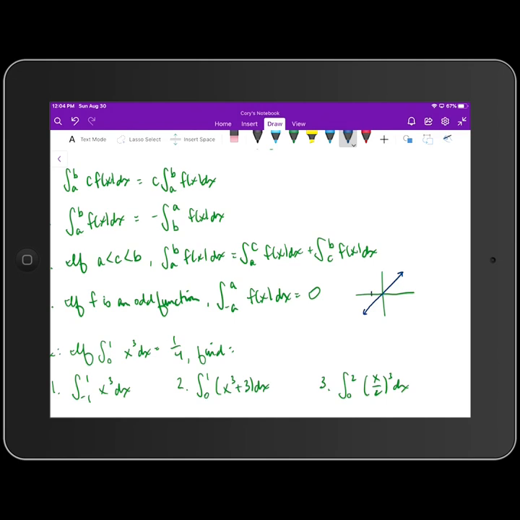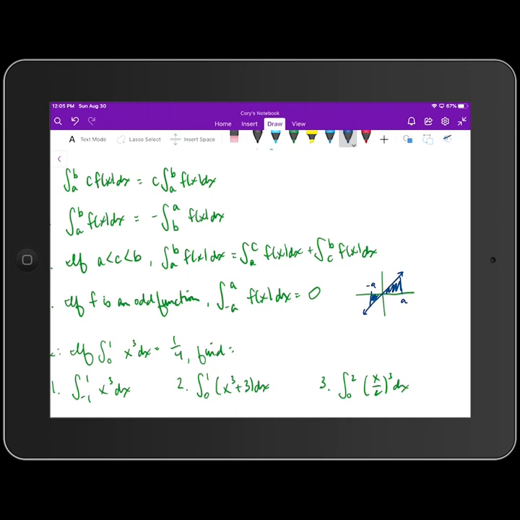If I took the integral from negative a to a, we know that odd functions have origin symmetry, so we should get an equal image in, for example, quadrant 1 and quadrant 3.